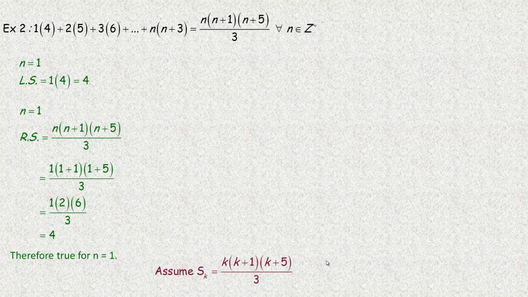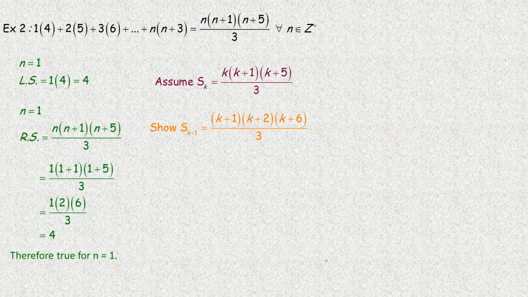So that's where we were. The sum of the first k plus 1 terms, we're supposed to show that, is the sum of the first k terms plus term k plus 1.